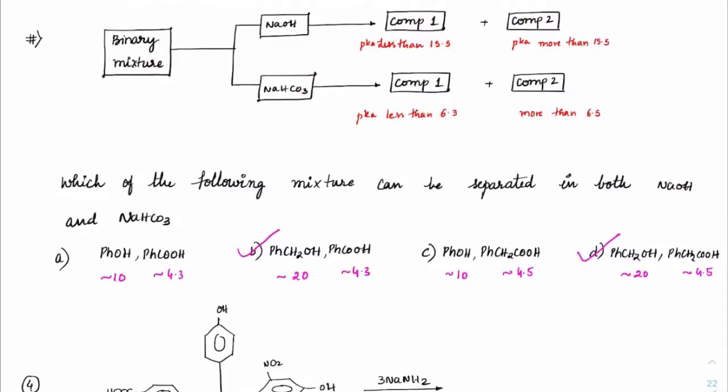Same with NaHCO3, when you add these two, this won't get dissolved, this will get dissolved because you have to have pKa less than 6.3. So pKa less than 6.3 is this one, so this will be compound 1 and this will be compound 2. So both get separated out. The same logic, apply that for D.